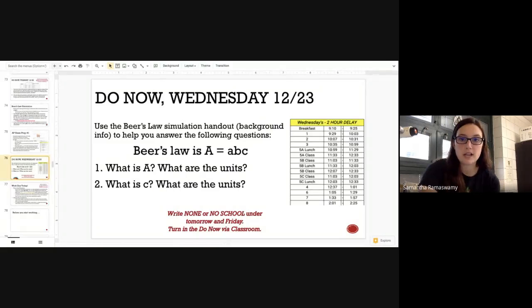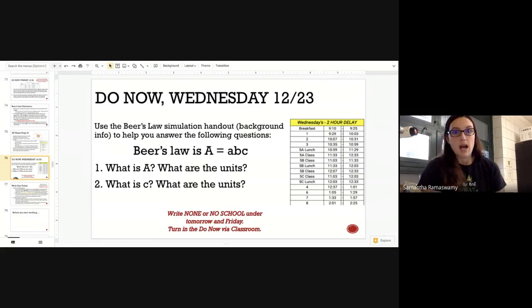Over on the side, you can see that we have the 2-hour delay schedule today. Second period will end at 10:31. If you need that schedule, you can take a screenshot of it really quick so you have it. Remember that for tomorrow and Friday, you can write none or no school, just so that you're not leaving it blank.